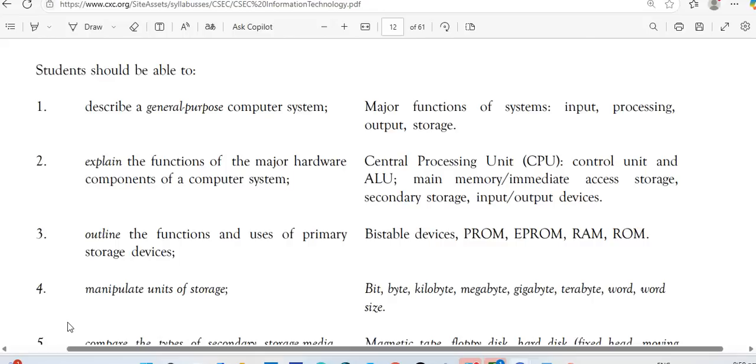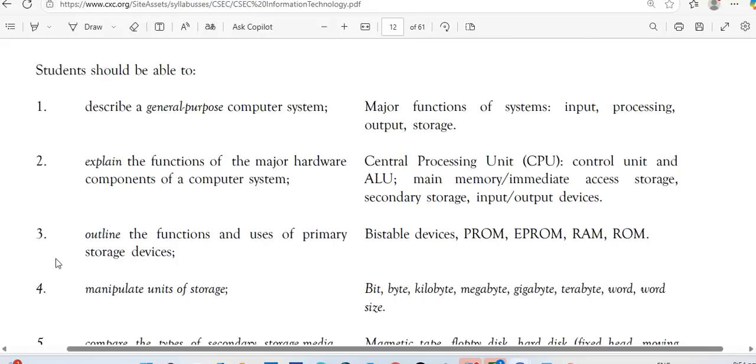So we are looking at the relationship between the central processing unit, CPU, and the control unit. Now we're going to look at the relationship between the central processing unit, the CPU, which is the brain of the computer, and the arithmetic logic unit, ALU. The ALU is a part of the central processing unit of the computer system that performs arithmetic and logical operations.